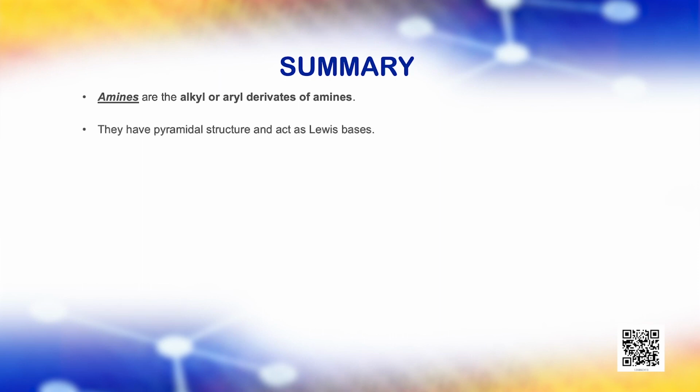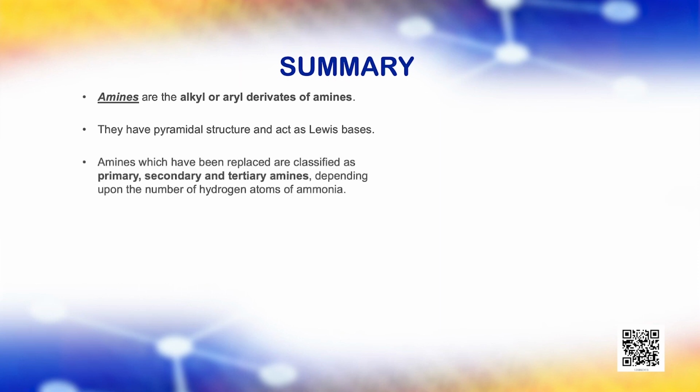To summarize this discussion, let us recall the points discussed. Amines are the alkyl or aryl derivatives of ammonia. They have pyramidal structure and act as Lewis bases. Amines are classified as primary, secondary and tertiary amines depending upon the number of hydrogen atoms of ammonia replaced.